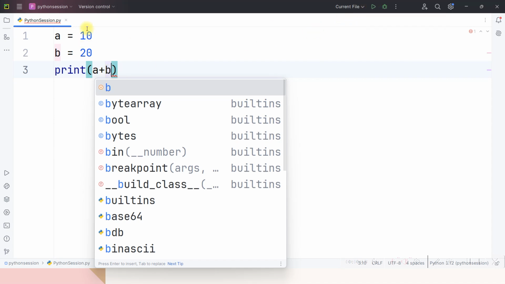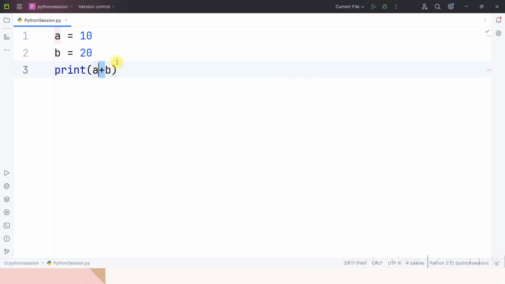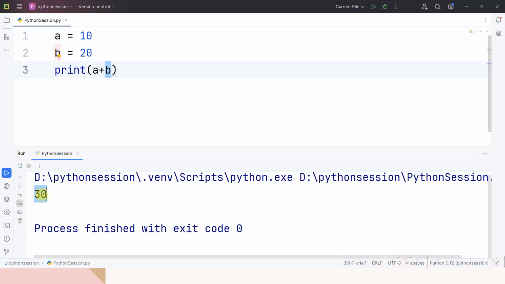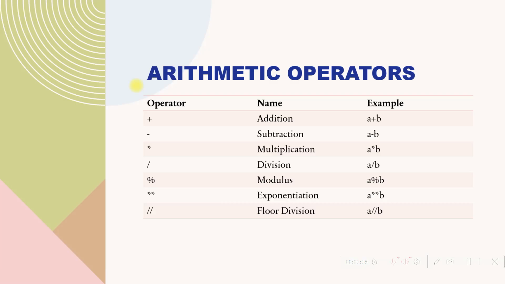So a and b are the operands and the plus is the operator. Now let's run this.